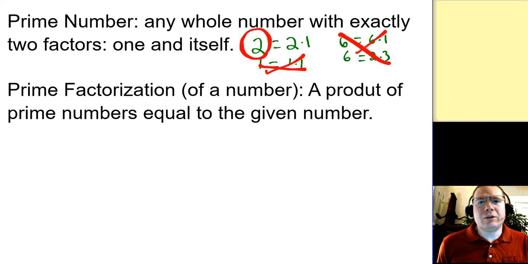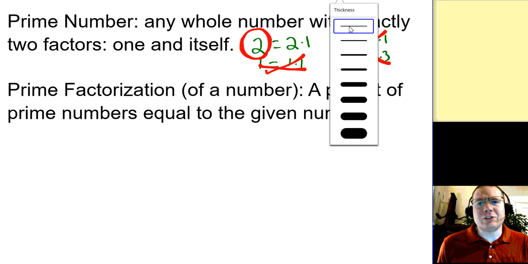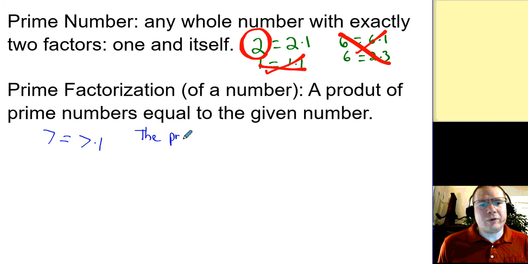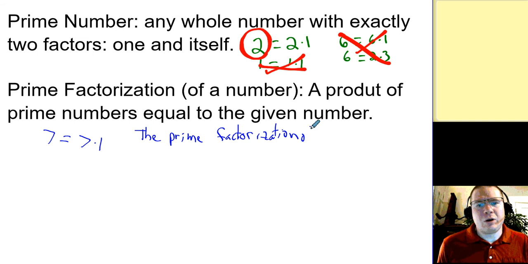So for any prime number, the prime factorization is a bit of a joke, right? A product of prime numbers equal to the given number. So if I'm trying to write, say, 7 as a product of prime numbers, I could say 7 times 1, but 1 isn't a prime number. So technically, the prime factorization of 7 is 7.